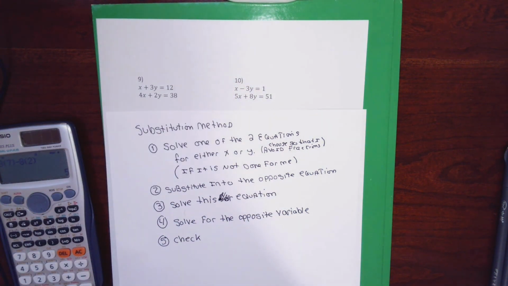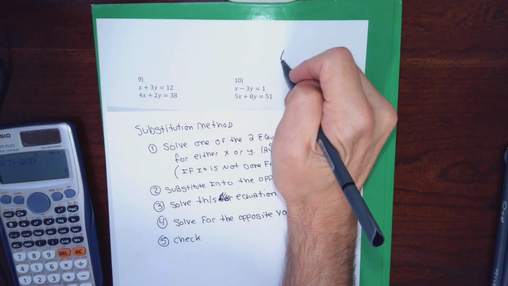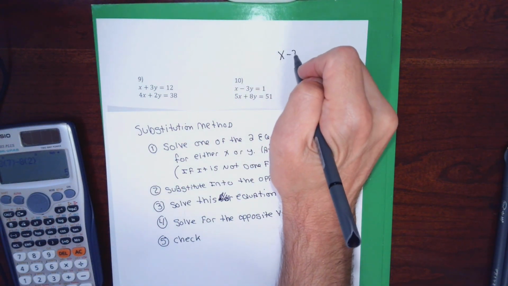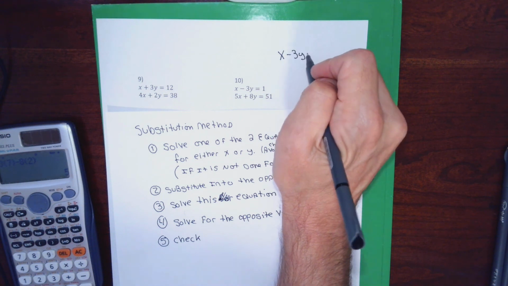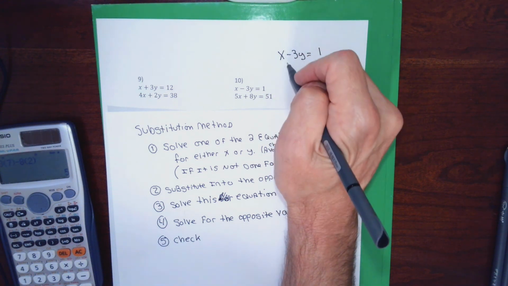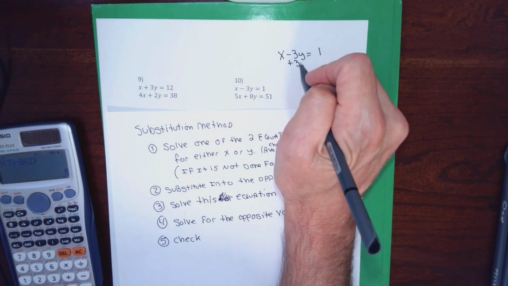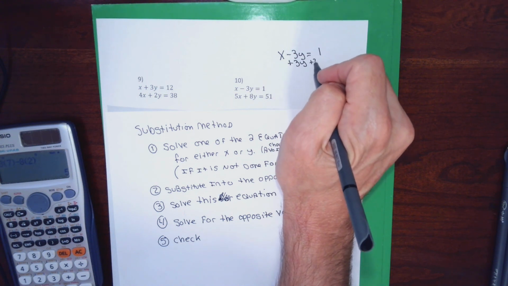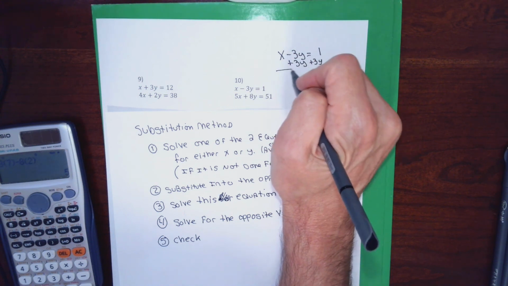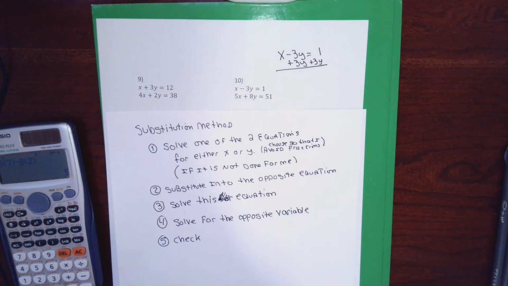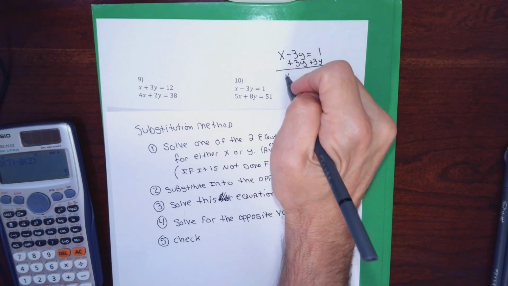So because neither equation was solved for x, nor for y, I'm locked into the first step. And the first step in the substitution method is to pick an equation and isolate and solve for a variable. And anytime there's a variable with a 1 in front of it, that's the variable I'm going to isolate. So I added 3y to both sides.